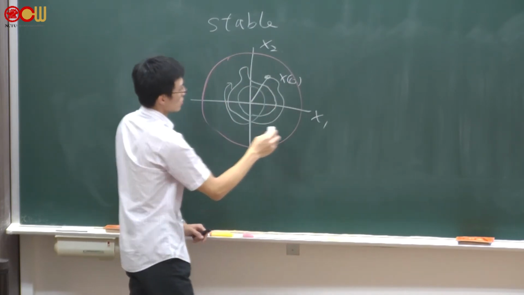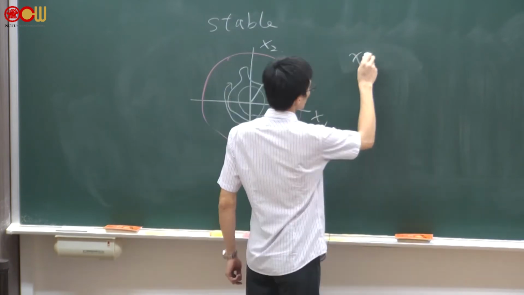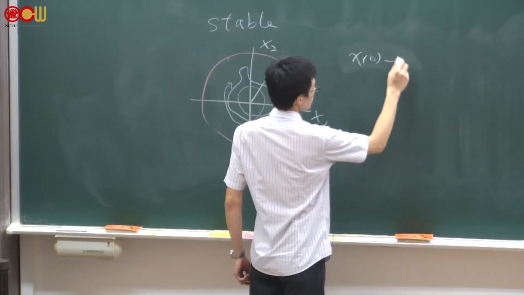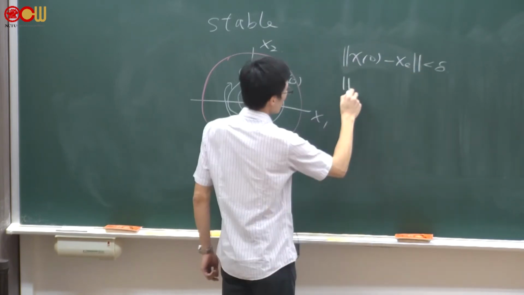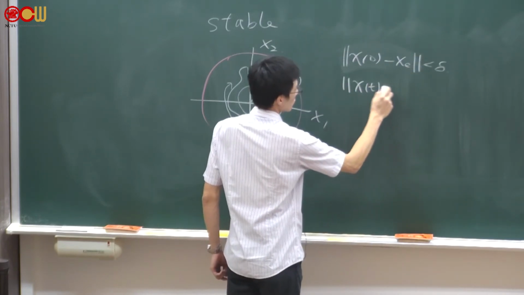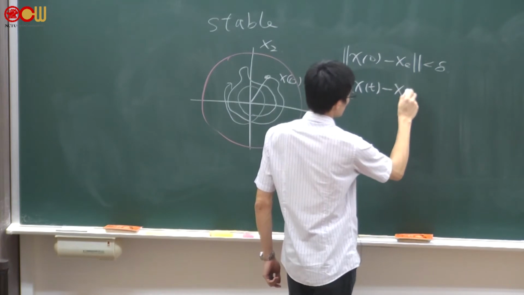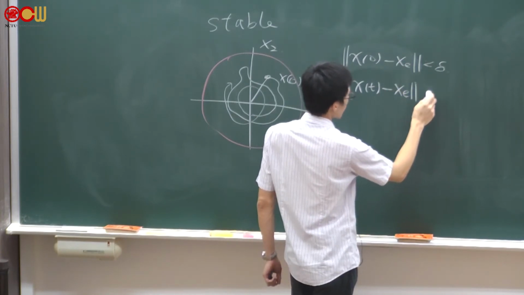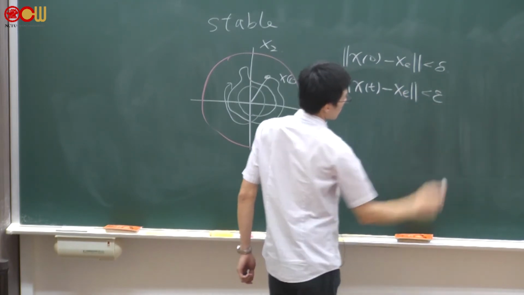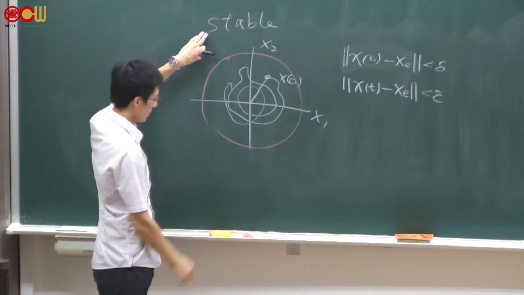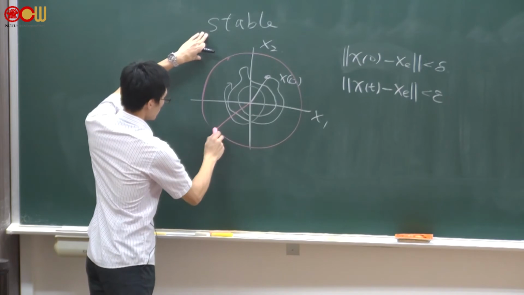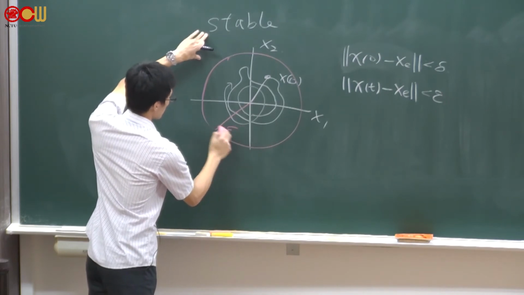If your initial condition is around the equilibrium point, then the solution is also around the equilibrium point within some epsilon. Then it's defined as stable, right? So this radius is considered as epsilon.